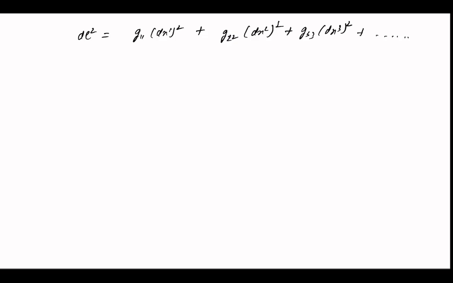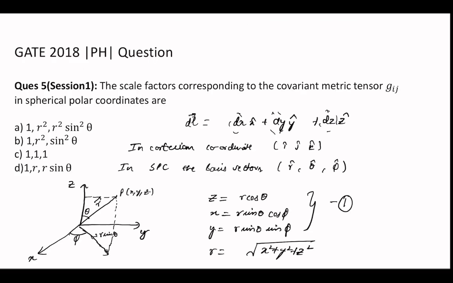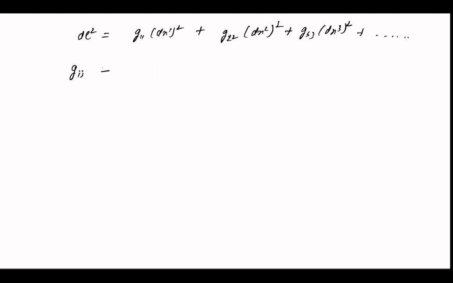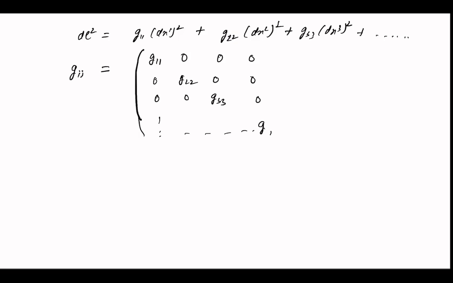So this gij, which they have given in the question, is called the covariant metric tensor gij, and the elements of this metric tensor are g11, 0, g22, 0, 0, g33, and this will continue up to the last term.